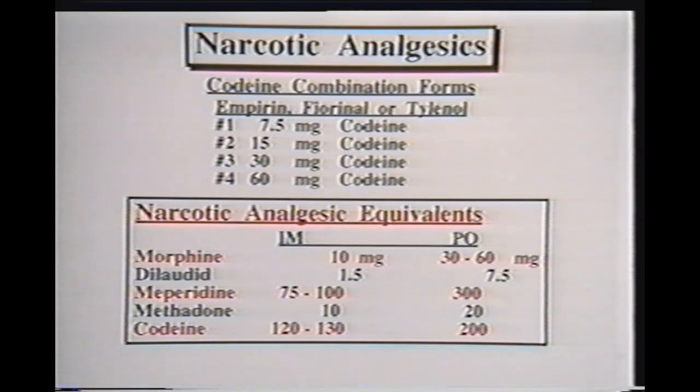As far as how the narcotic analgesics work, they alter the perception of and the response to pain. They're central nervous system agents, and their adverse reactions include effects on the central nervous system. The biggie one that they love to ask questions about is decreasing respiratory effort, particularly in patients who are taking morphine.